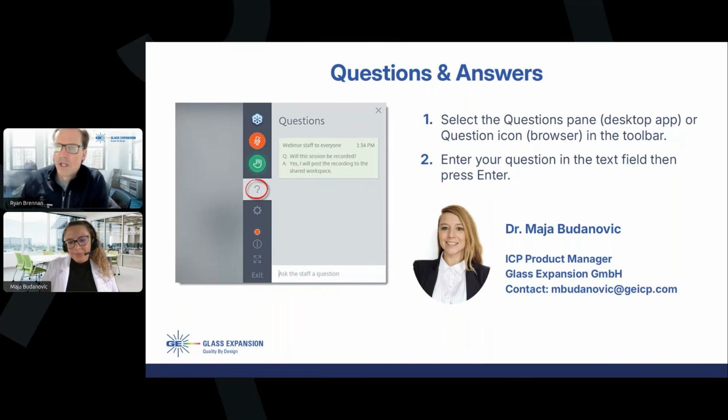Thank you, Maja. So this one relates to the same question with regards to the particulates in the probe. What is the best way to clean the sample probe?